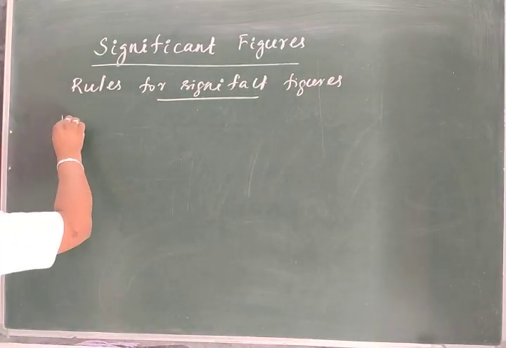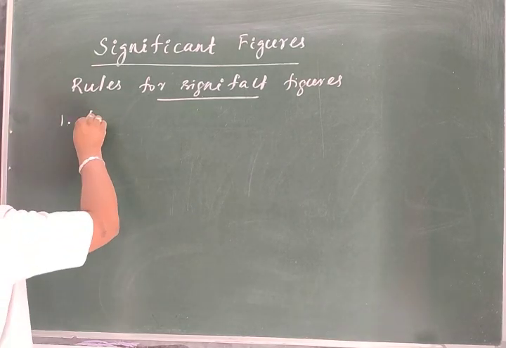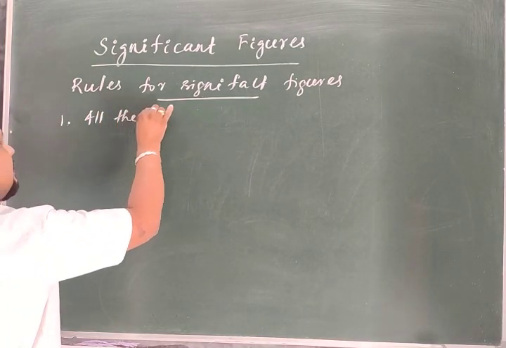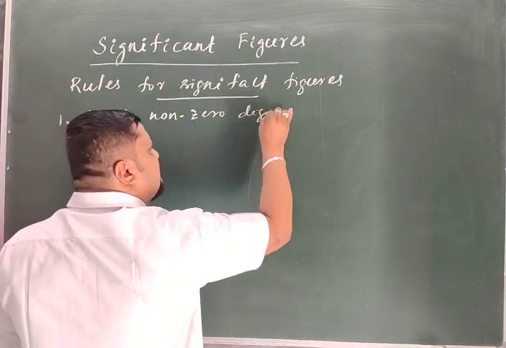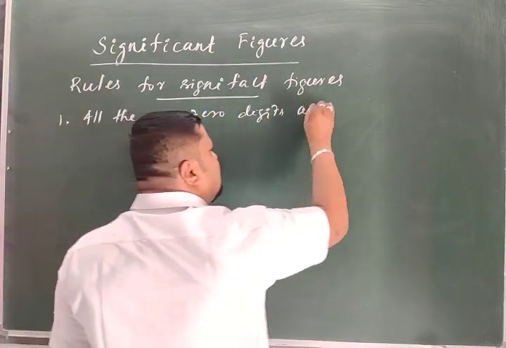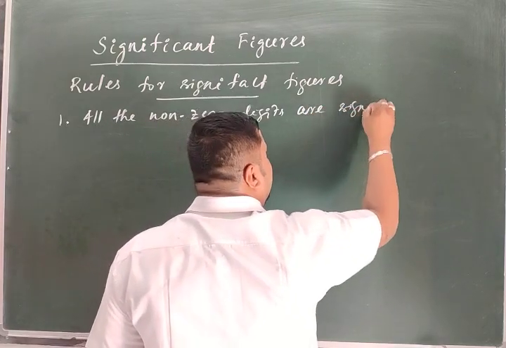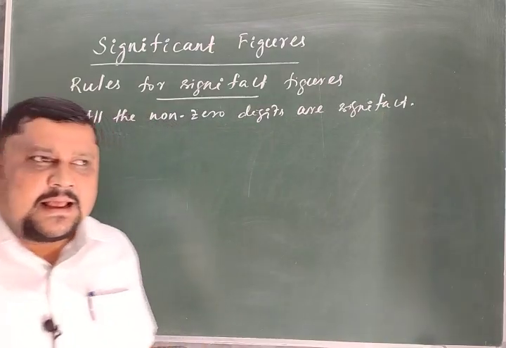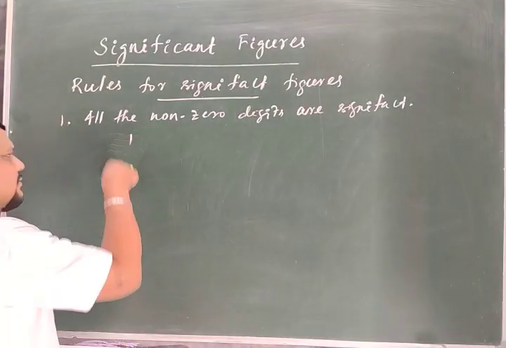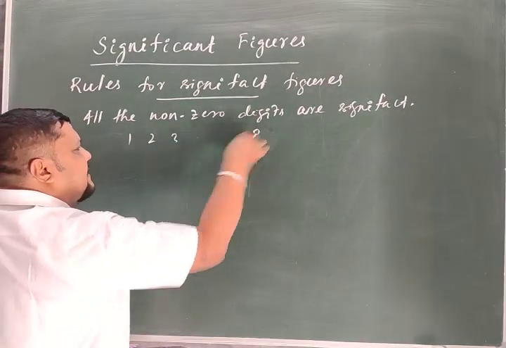The rule number 1 is all the non-zero digits are significant. What does it mean? A non-zero digit means 1, 2, 3 up to 9.